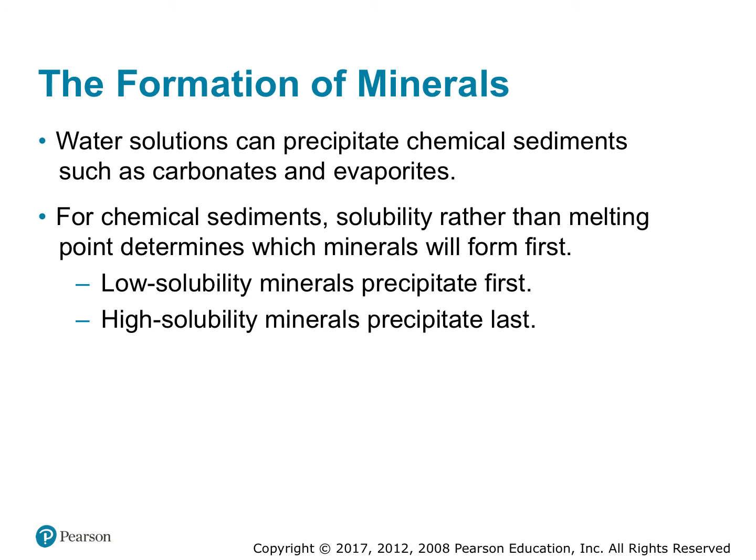But when we're talking about crystallization coming out of a solution, the solubility is the important factor. So which materials are more easily dissolved or less easily dissolved. And so the low solubility minerals are the ones that precipitate first. That means they come out of the solution. And the high solubility minerals precipitate last. And so that's just the rule of thumb for how to determine which materials are going to crystallize out of a solution first or last.